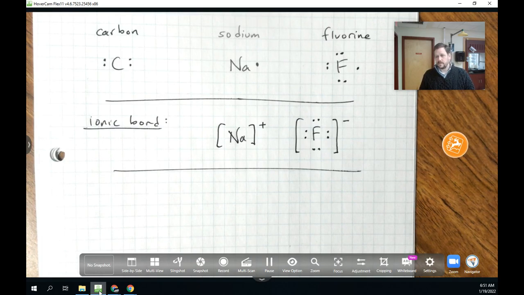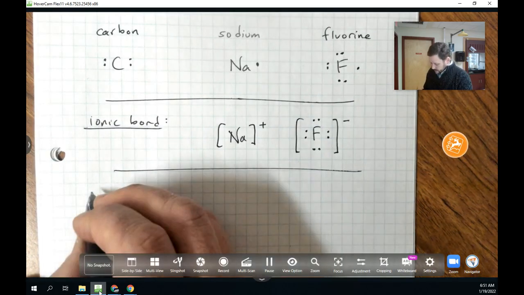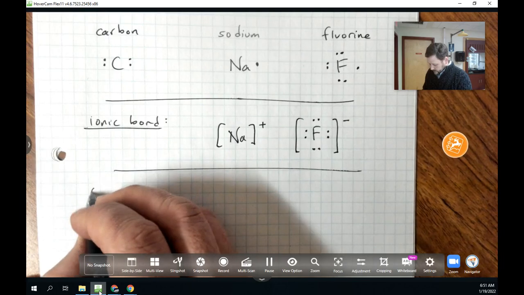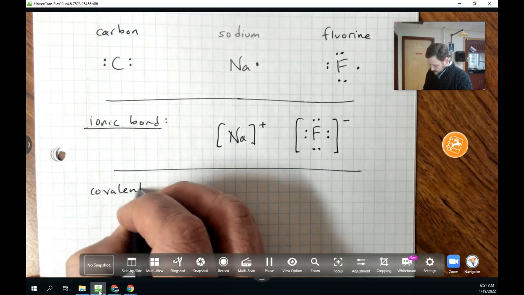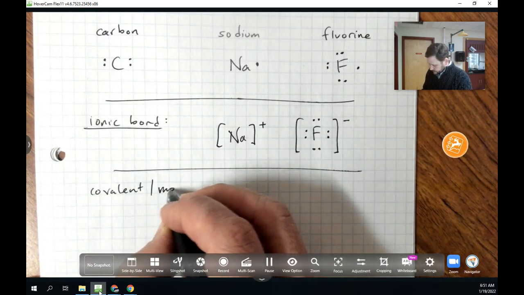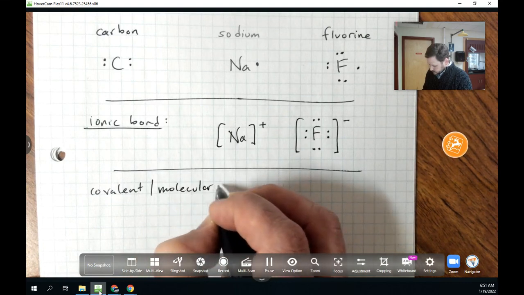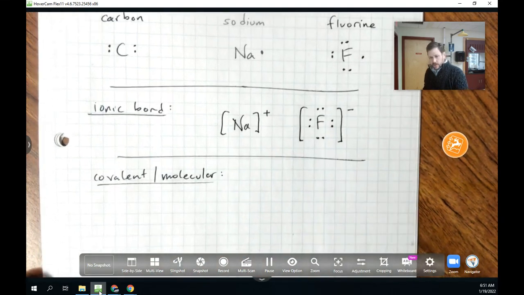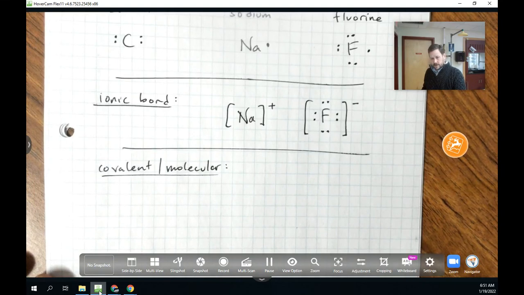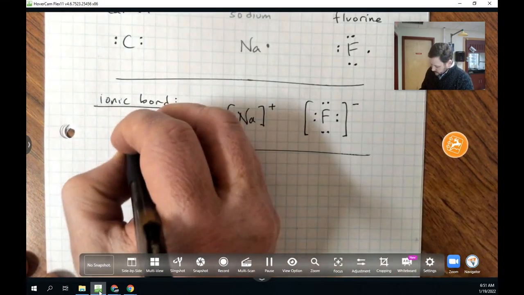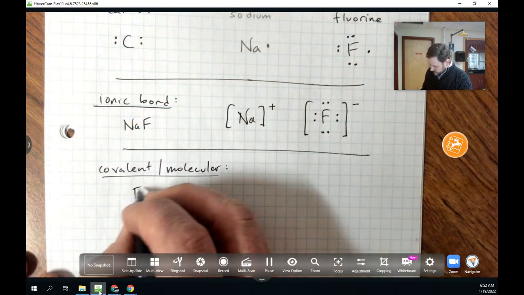But they're really much more helpful to show molecular or covalent compounds. And the example I'll give here, instead of using sodium fluoride, is diatomic fluorine.